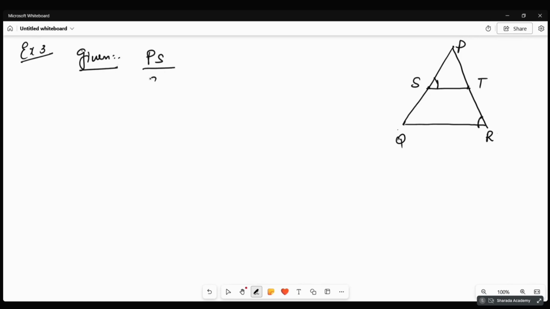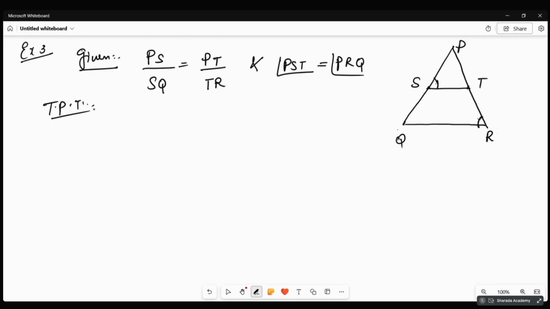Okay. And they have given angle PST is equal to angle PRQ. So these 2 angles they've given equal. Now to prove that PQR is an isosceles triangle. You have to prove this is an isosceles triangle.